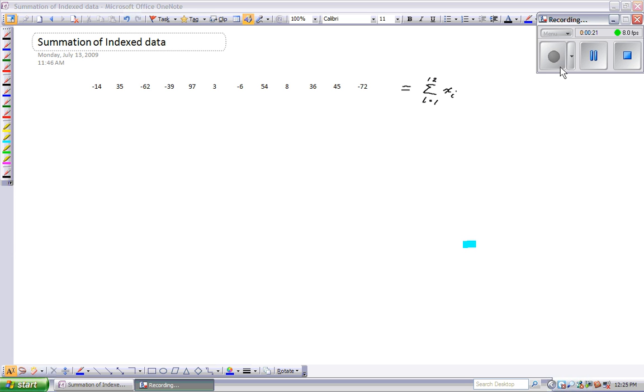So when you look this up in ALEKS, the example they gave was a list of data. In this case, there are 12 items of data: negative 14, 35, negative 62, and so on. What makes them indexed is that each one is paired with a particular number.